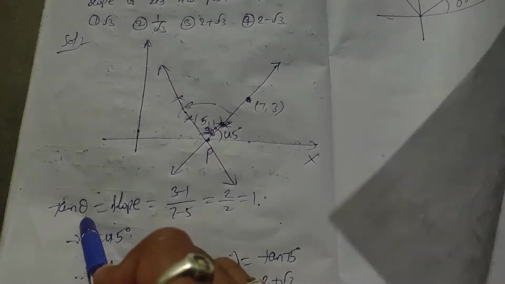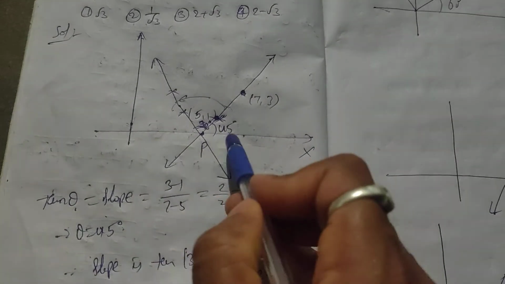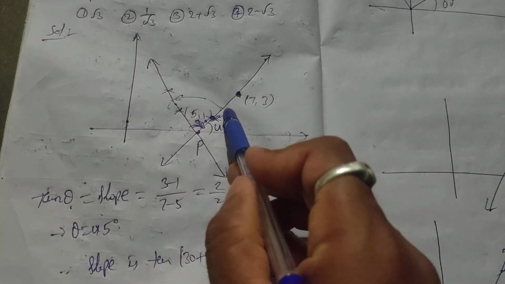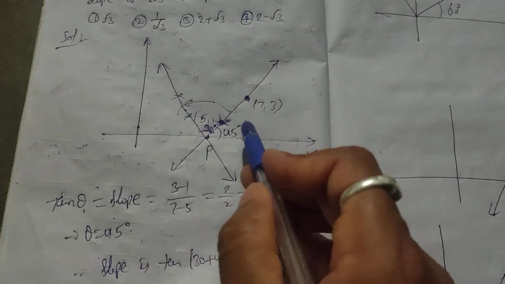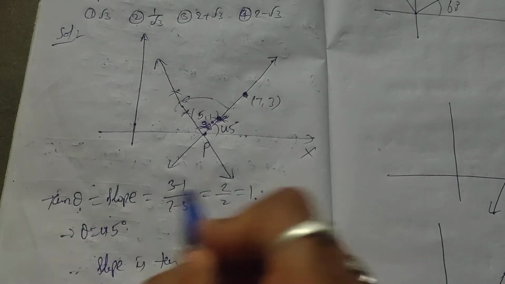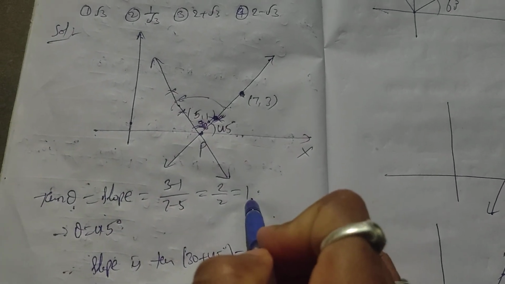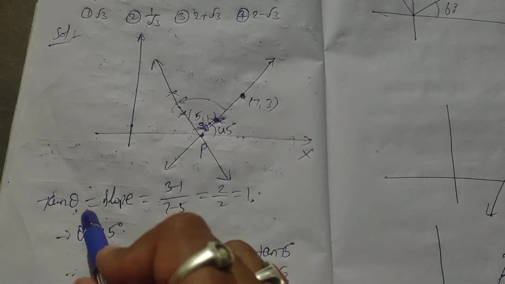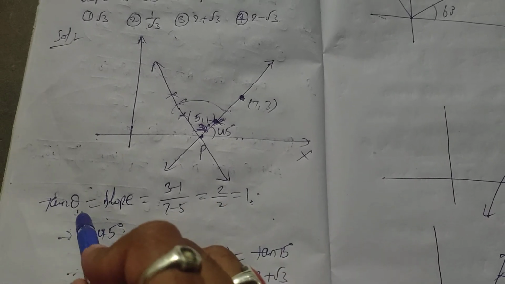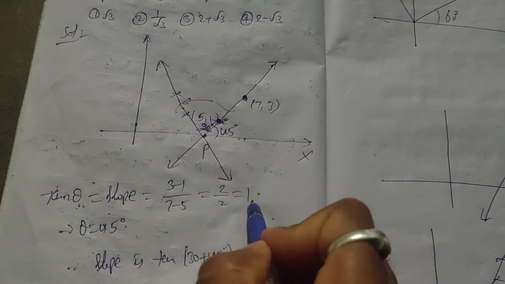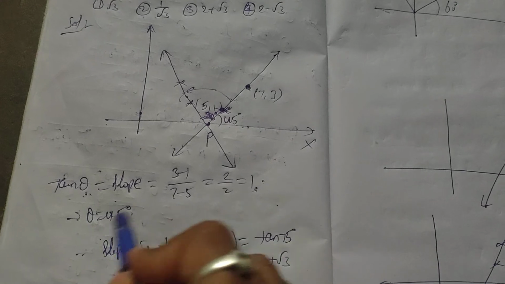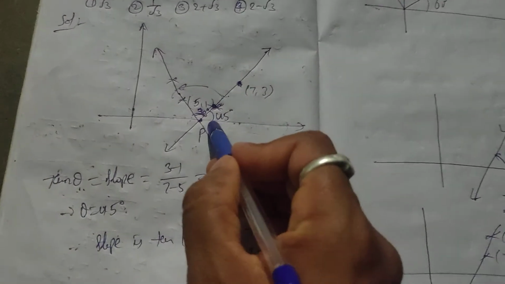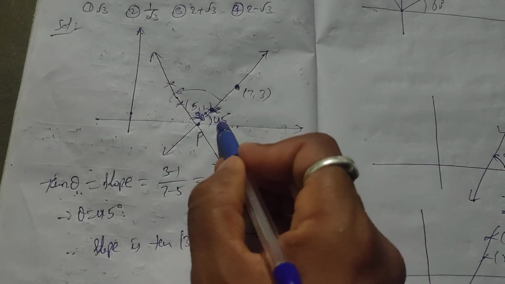That is equal to tan theta, where theta is the angle between the x-axis and this line. For what angle does the tan function become 1? For theta equal to 45 degrees. So this angle is 45 degrees.